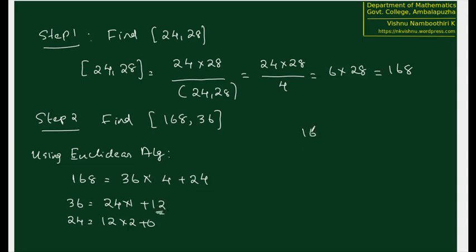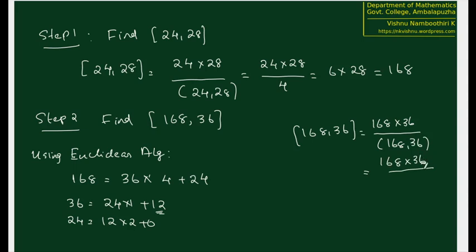So the LCM of 168 and 36 is equal to 168 into 36 divided by the GCD of 168 and 36. This is equal to 168 into 36 divided by 12, and on simplifying we get 168 into 3, which is equal to 504.